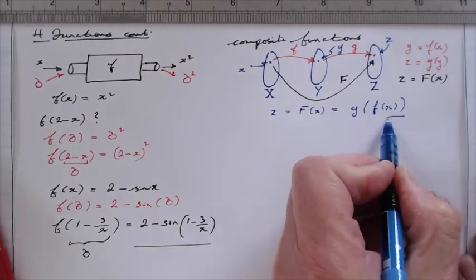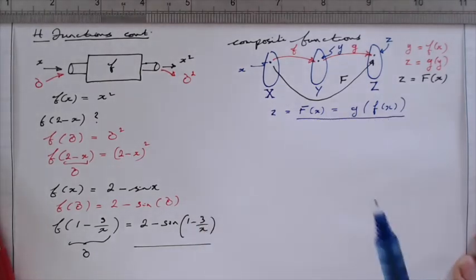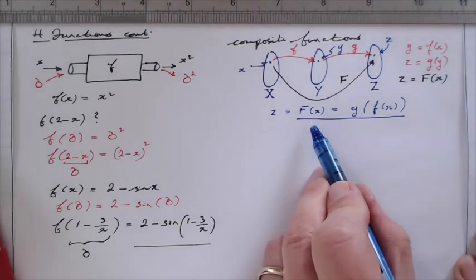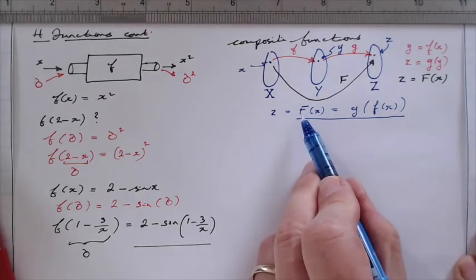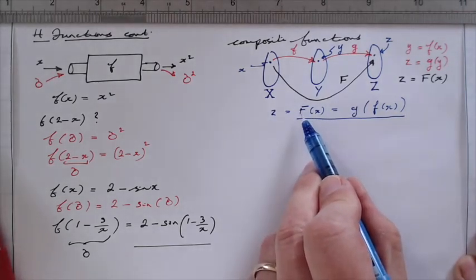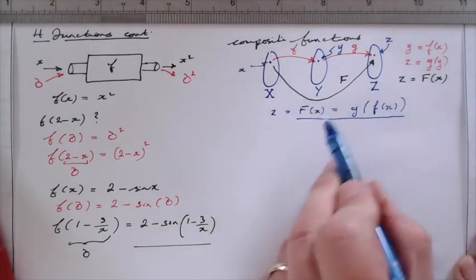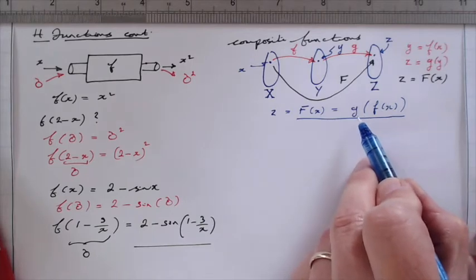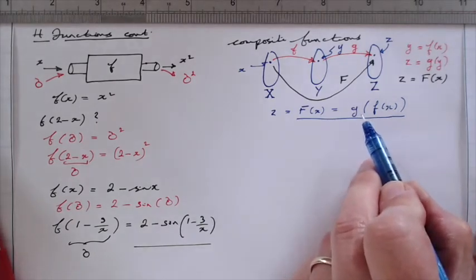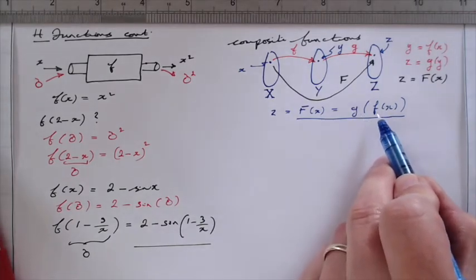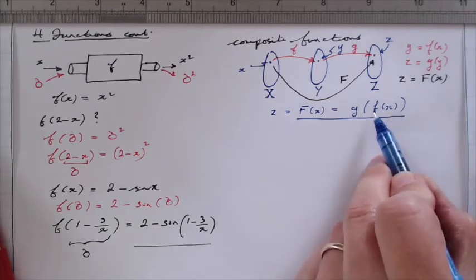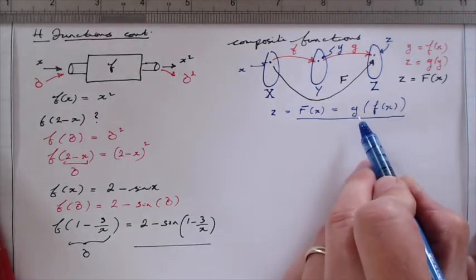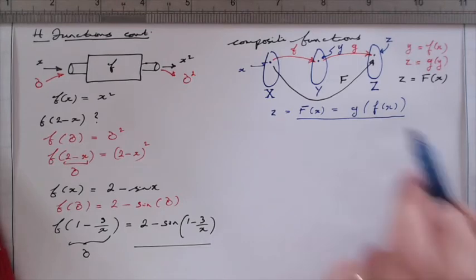And then you see we have this idea of a composite function. Capital F is a function in its own right that maps the set X to the set Z, but it can also be thought of as a composite function where we have a sequential application. First of all, a function f to x, and thereafter application of another function g to f.